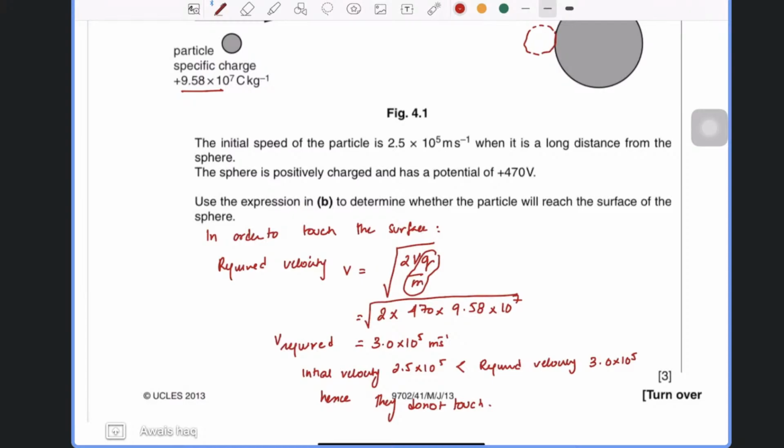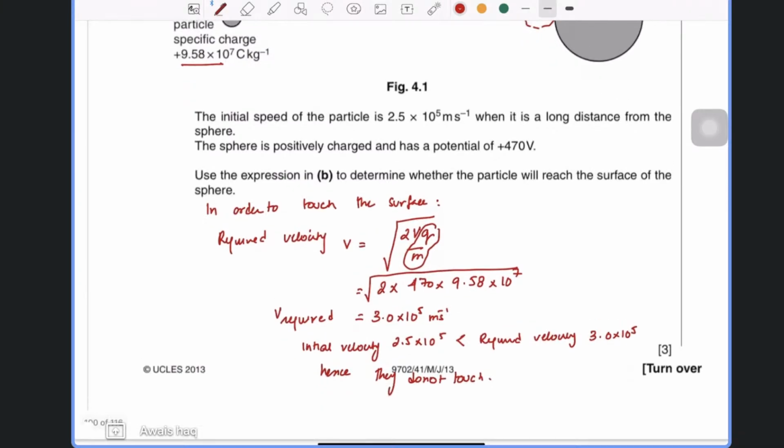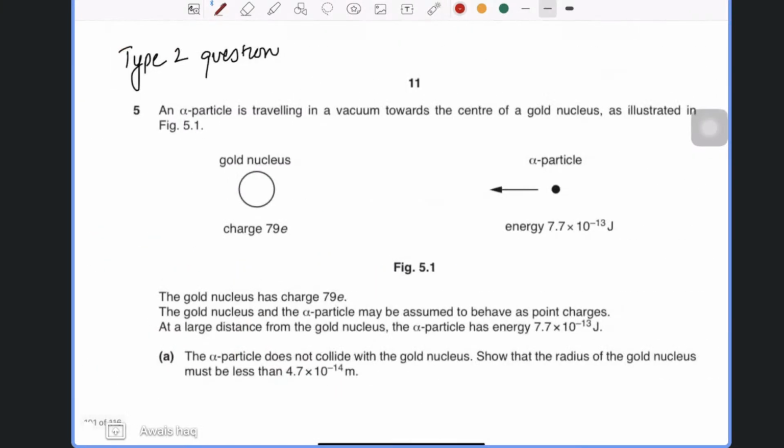we are going to go to the next part, and this is another type of question, where now instead of giving the charge to mass ratio, they've just given you the value of the charge itself, which is 79. And they say that at a large distance from the gold nucleus, the alpha particle has a kinetic energy which is 7.7 times, it's just energy, and it says the alpha particle does not collide with the gold nucleus.